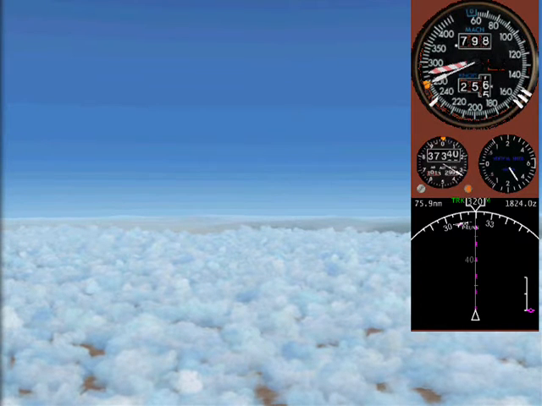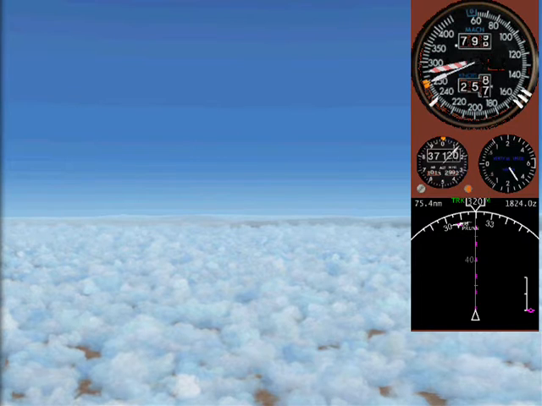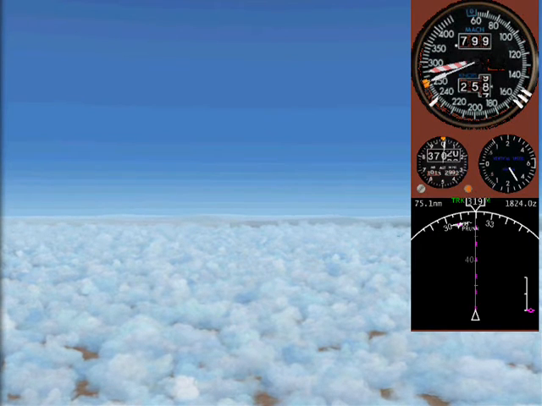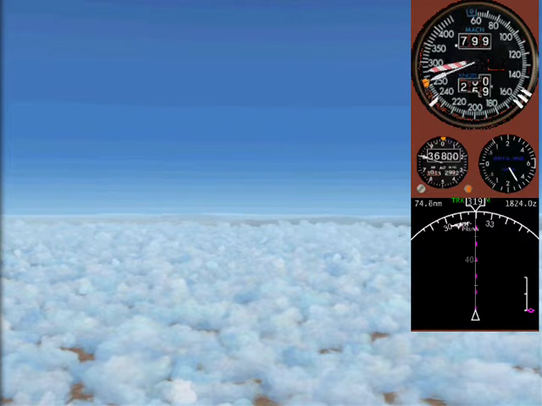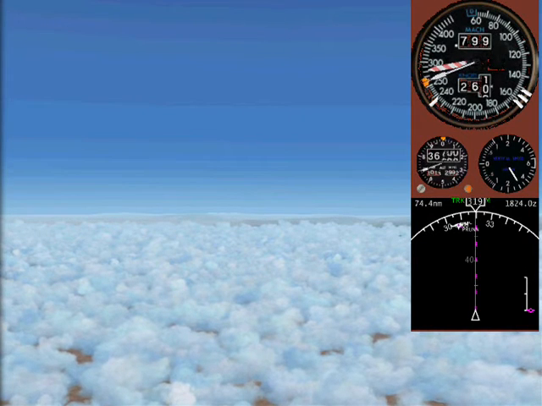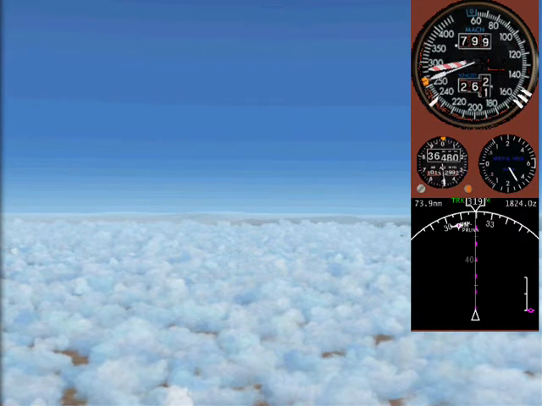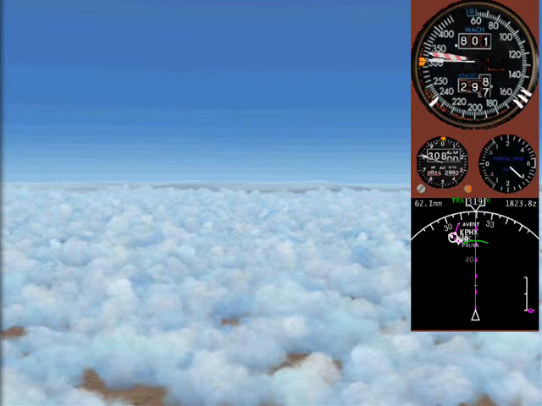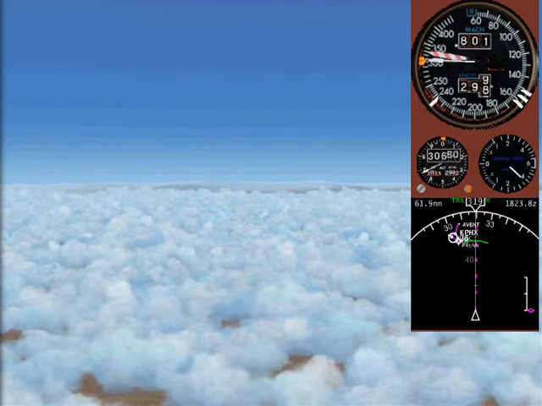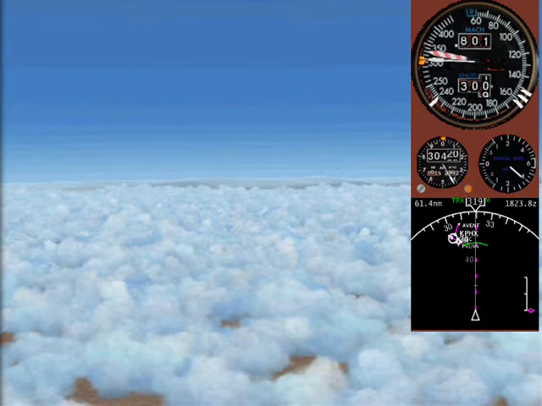Note the increase in indicated airspeed during the constant Mach descent. As the airspeed approaches 300 knots, we transition to holding airspeed rather than Mach number. Note that the Mach number is now decreasing.